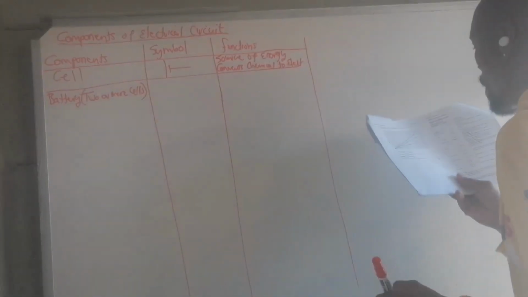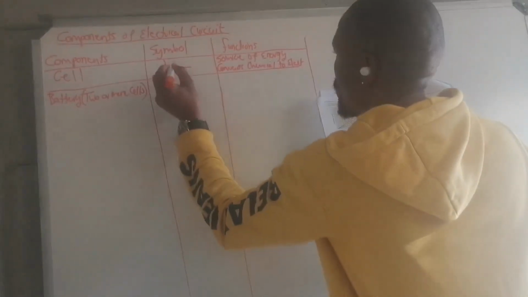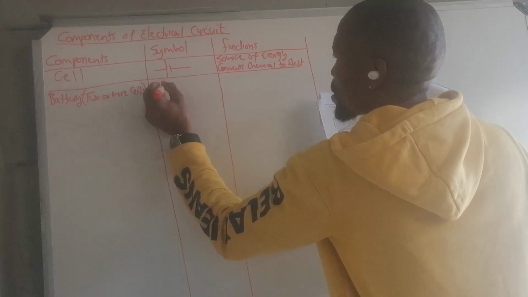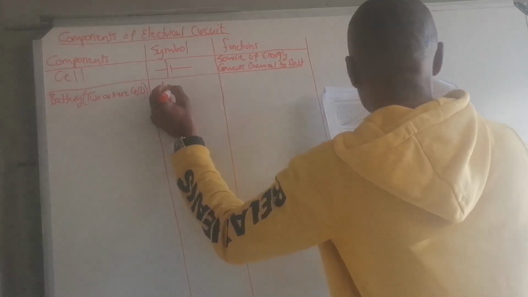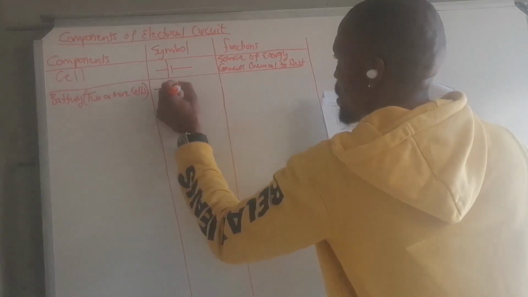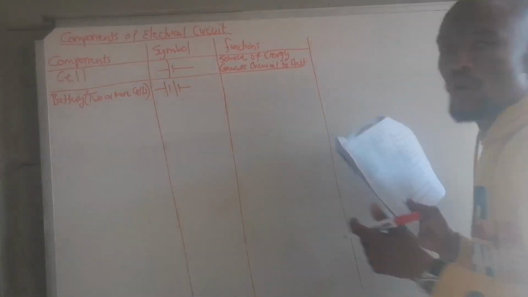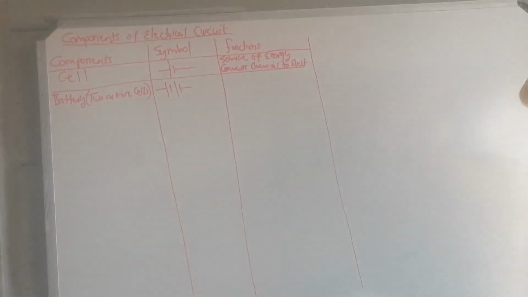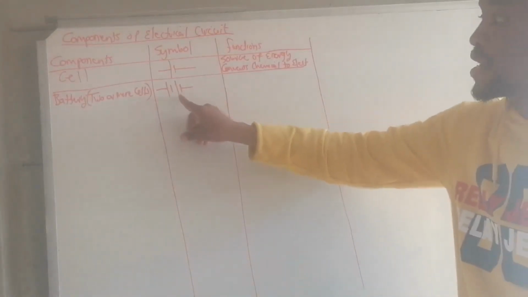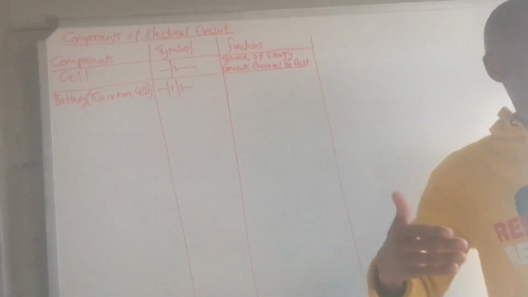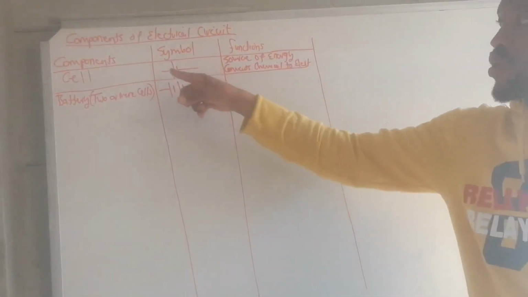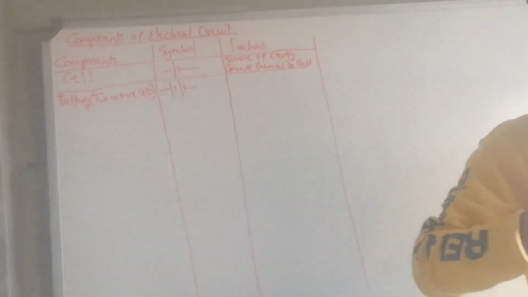For example, the first cell and the second cell together are what we call a battery. In this case we have two cells, the first one and the second one. More than one cell is a battery, but when you have only one, we call that a cell.